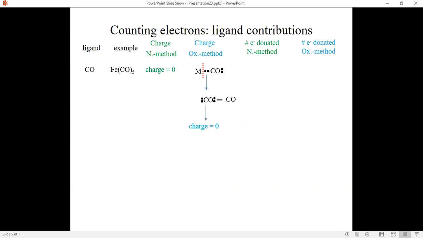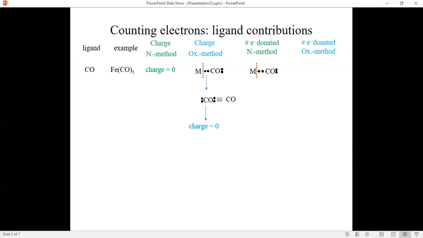Homolytically? No. In this case, you have to cleave the bond also heterolytically. Okay? So in this case, you need to assign both electrons to the ligand, because only then you produce a neutral carbon monoxide molecule.